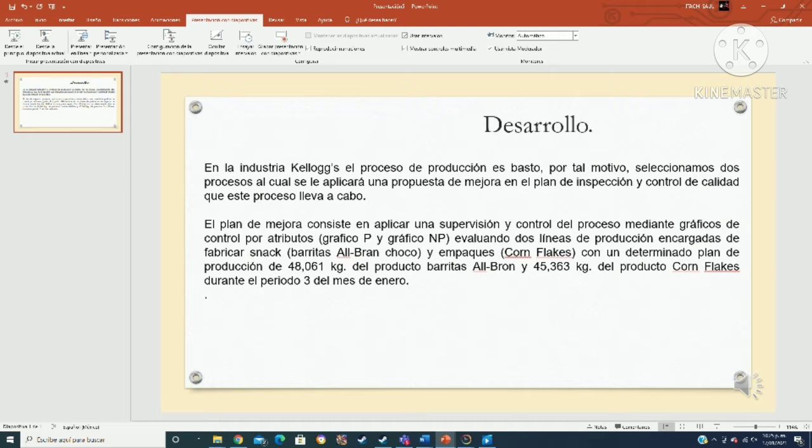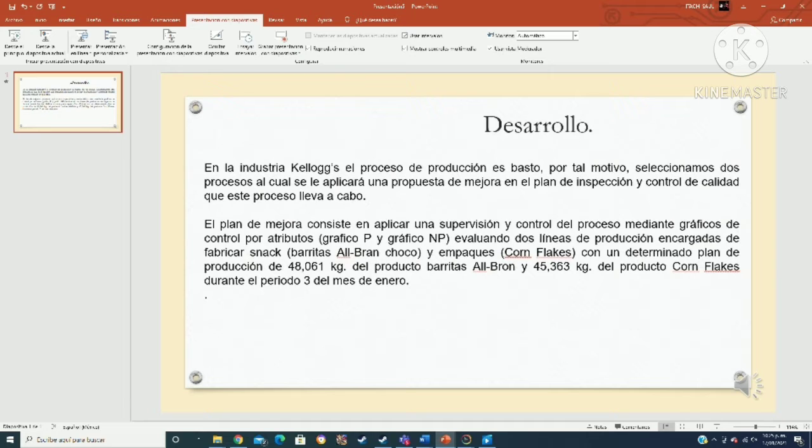Development. In closed industries, the production process is sufficient. For this reason, we'll select two processes to which a proposal for improvement will be applied in the inspection and quality control plan that the process carries out.